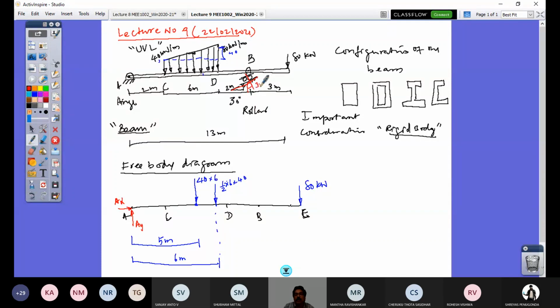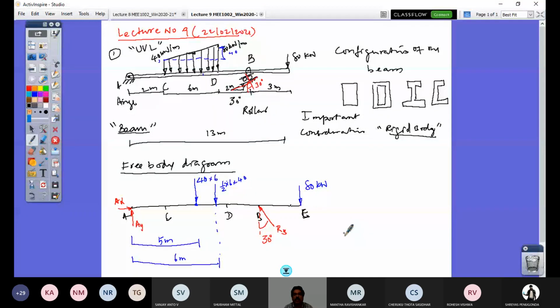So at point B, I would have my reaction RB, which would have inclination to the vertical 30 degrees, right? 30 degrees. So this is exactly a free body diagram of this important example beam problem and finding the support reactions. All right. So once we have drawn this, that's all. Next is just a procedure to do.